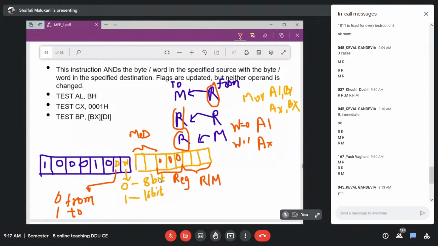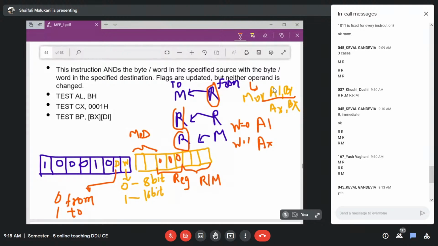Is it clear? So suppose I specify 000 here for this instruction. Can you tell me for this instruction what will be the W value and D value? D value, 0 indicates from.